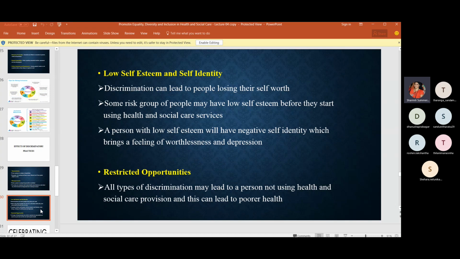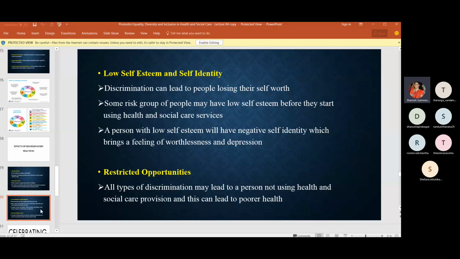They will feel like transgender people. If we start to discriminate against them, then they will think that they are worthless, they are useless, they are not fit to live in this world. They are not worthy to live in this world. So sometimes they end their life. So this is another effect of discriminative practice.